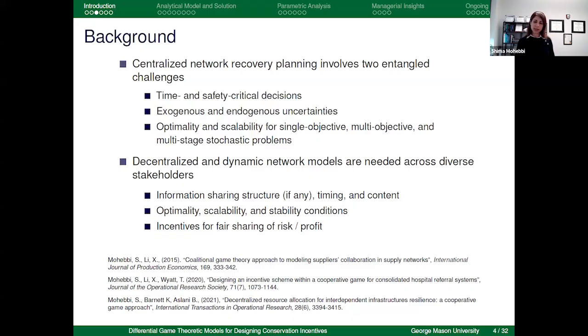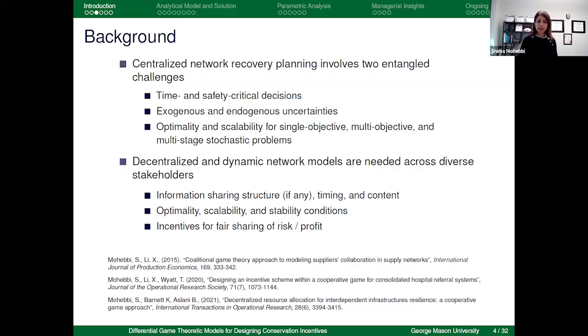In fact, the coexistence of cooperative and conflicting objectives has driven significant growth in the decision science literature, which seeks low complexity algorithms that account for information sharing structures, as well as the timing and content of shared information and decentralized and dynamic network models.